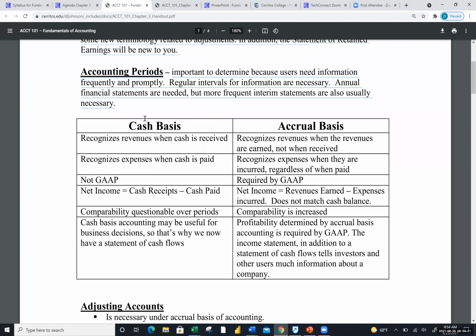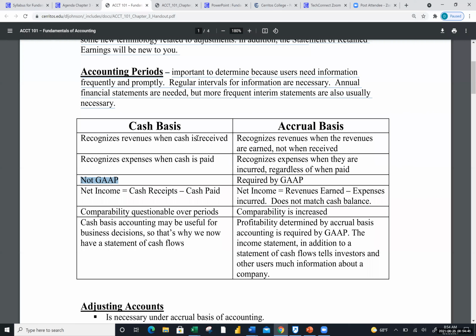So your author starts off by talking about the difference between the cash basis and the accrual basis. And again, I want to be very, very upfront. The cash basis is not GAAP acceptable. It's not a generally accepted accounting principle. But some companies that don't have to worry about reporting to anybody, they just do it because it's easier.